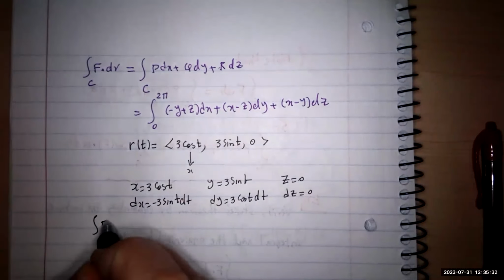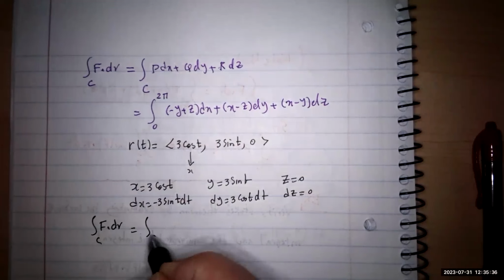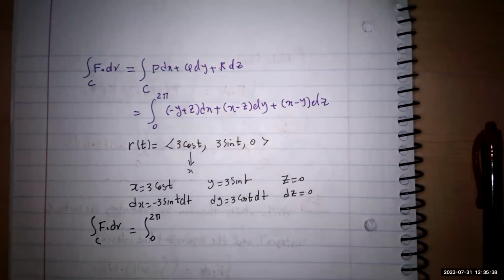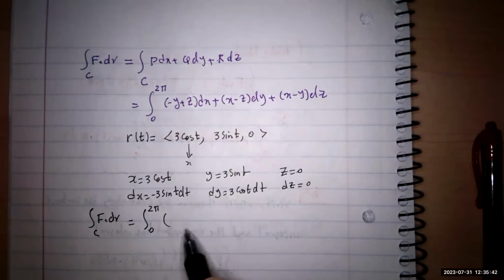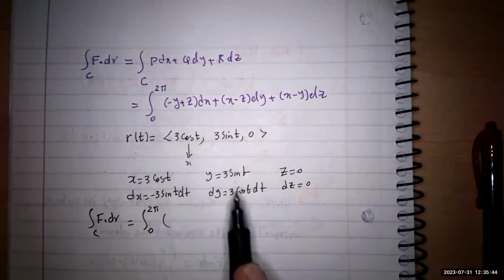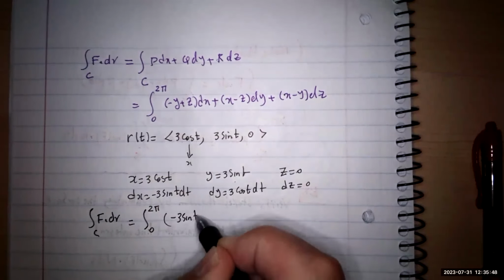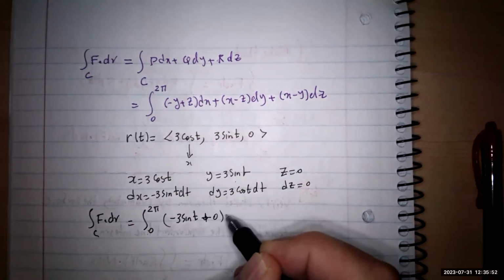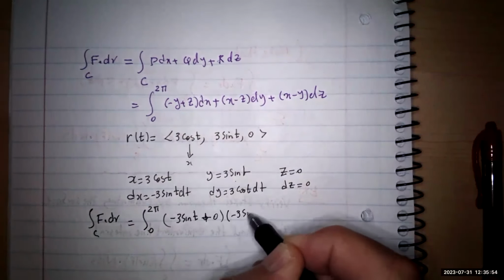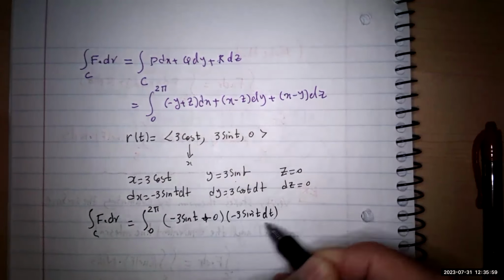So the integral of F dot dr over C is going to be equal to the integral from 0 to 2 pi. Substitute negative y: y is 3 sine of t, so negative 3 sine of t, z is 0, plus 0. dx is negative 3 sine of t dt. I'm just substituting.